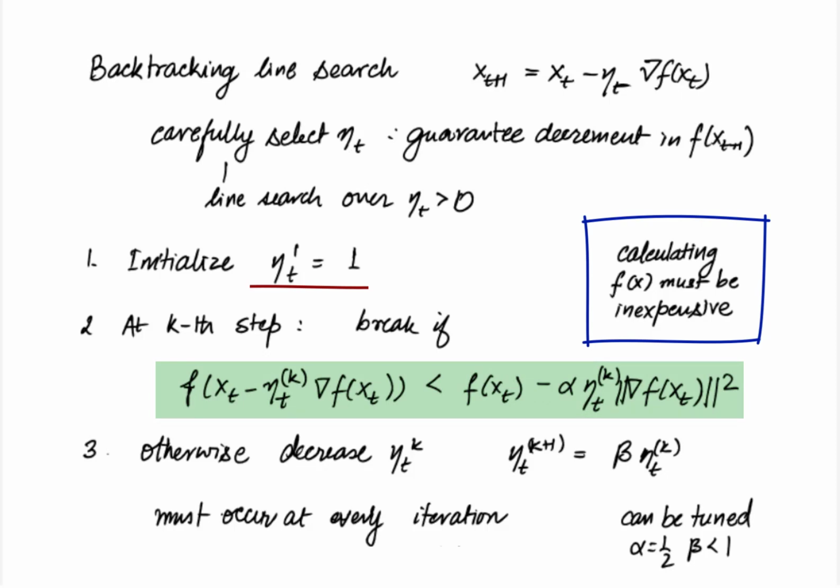If not, we are adjusting eta_t by decreasing it since beta is less than 1. So next time we try with a smaller step size. The procedure continues till we get to a point where there is sufficient decrement in the function value. Assuming that we start with a sufficiently large value, we will always end up at a point that achieves sufficient decrement. So this property we will show theoretically.